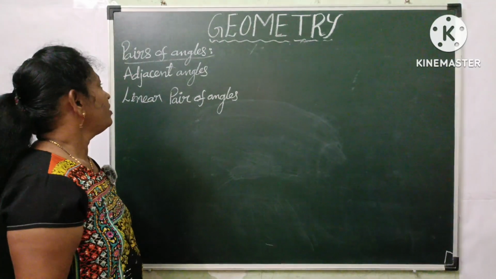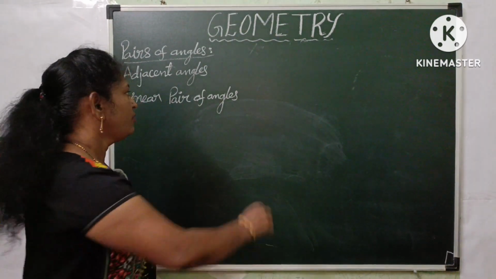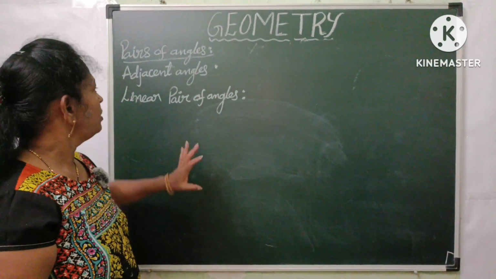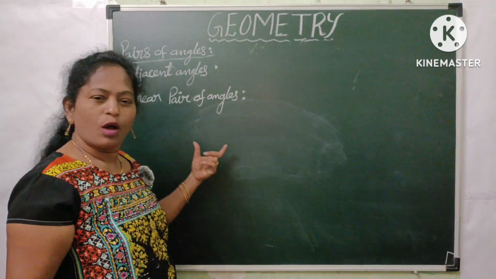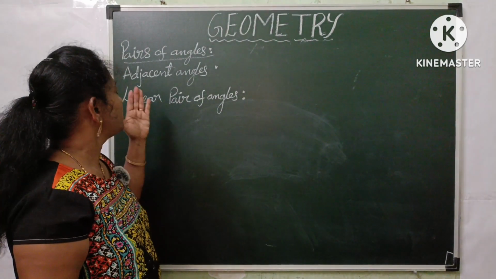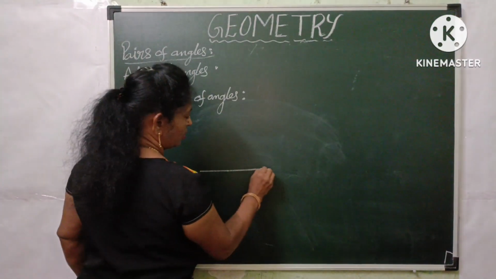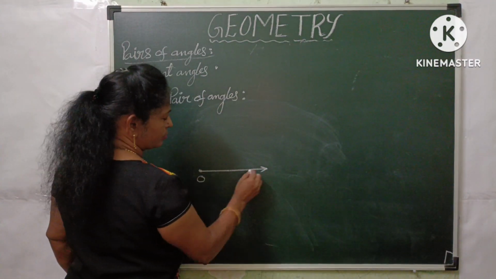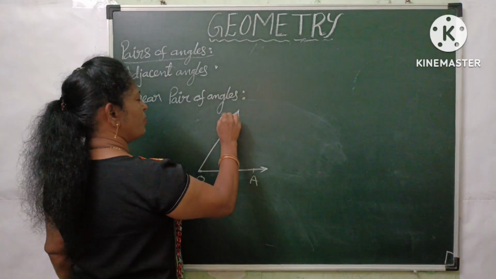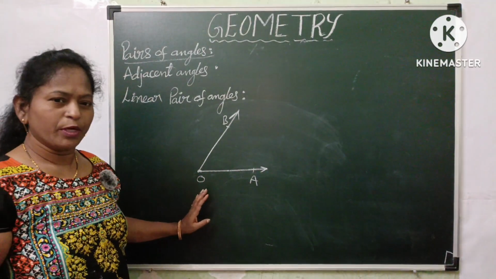Next, pair of angles. In pairs of angles we have adjacent angles and linear pair angles. First see the adjacent angles. Adjacent angles means they have a common arm and a common vertex. Suppose see here OA and OB. These two rays have the same common point.